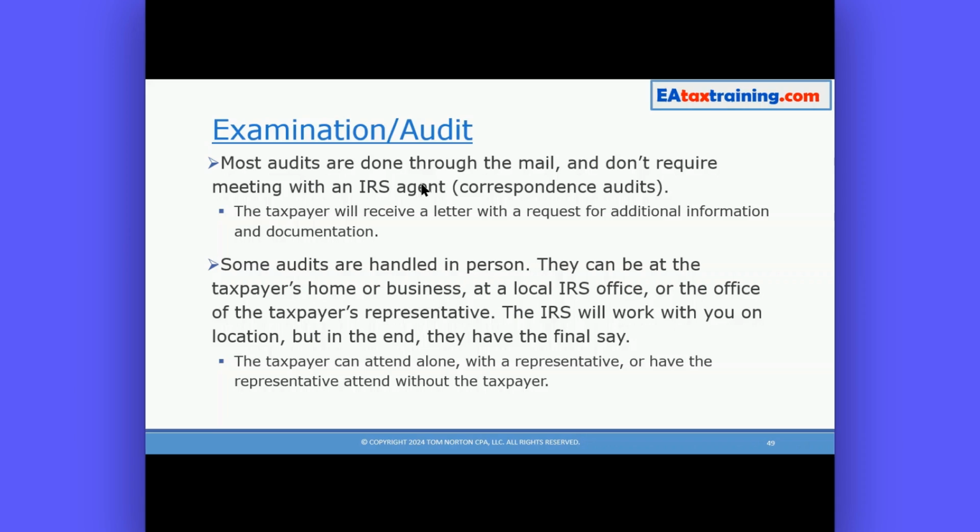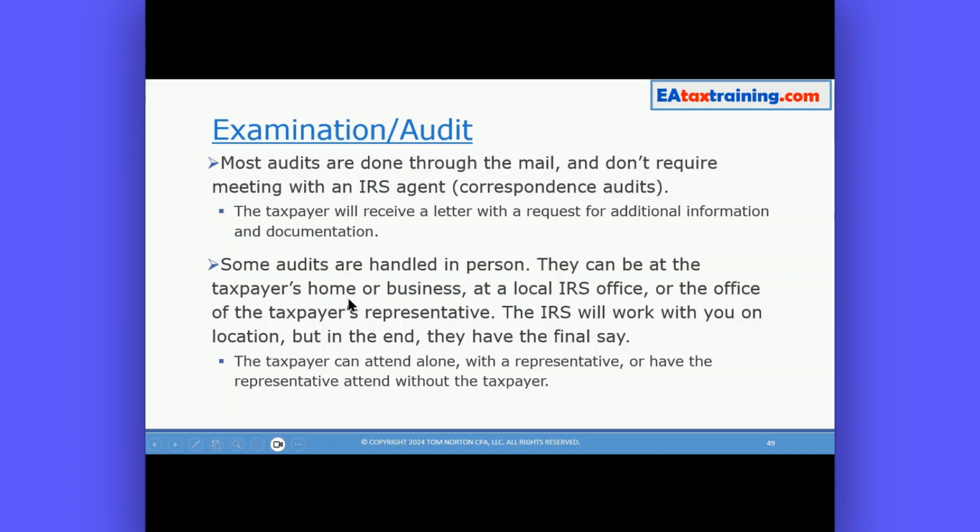They are going to send you a letter in advance saying, hey, we want to meet to audit you. Now, if there's been a crime committed, then the IRS's criminal investigation division, they might show up and knock on your door and have a warrant and all of that, but that's a whole separate matter. For a normal audit, that doesn't happen. That's not the way it works.